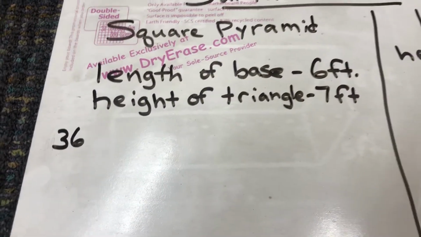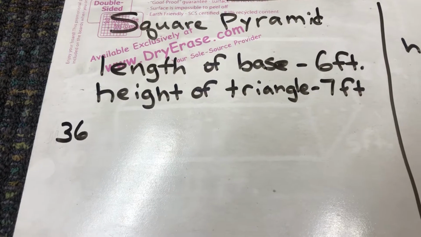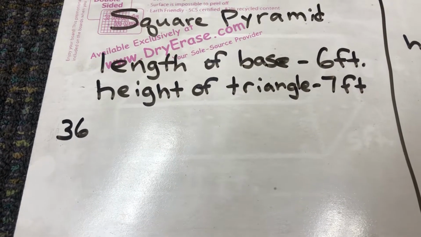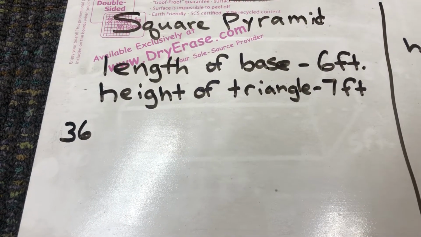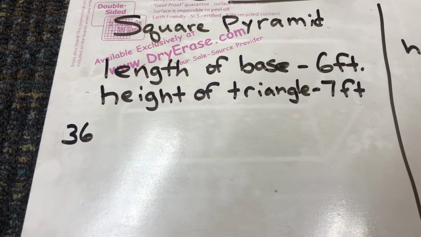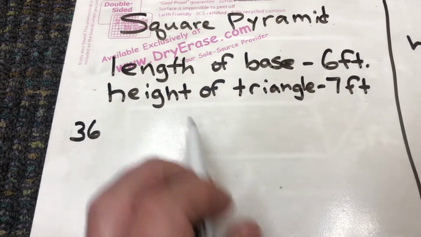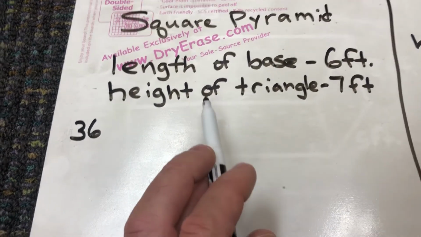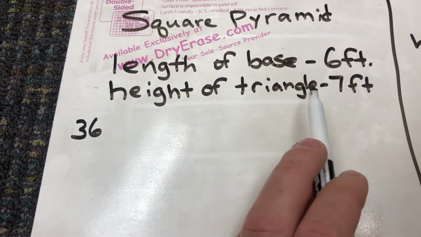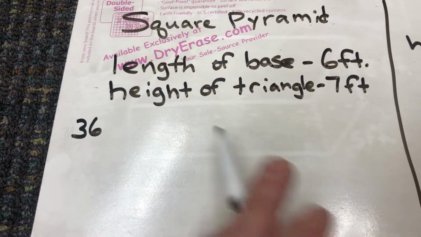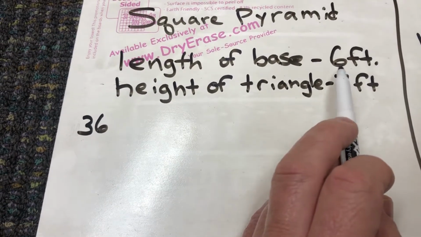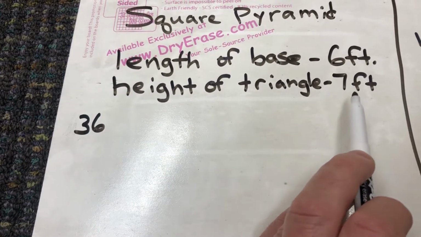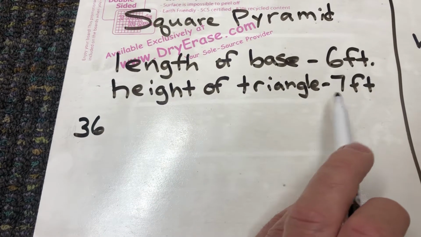The area of the square would be 36, because the length is 6, the width is 6, 6 times 6 is 36. Now a triangle, remember, that's going to be base times the height divided by 2. Well, the length of the base of the triangle is 6, times the height of the triangle, which is 7, that's 42.